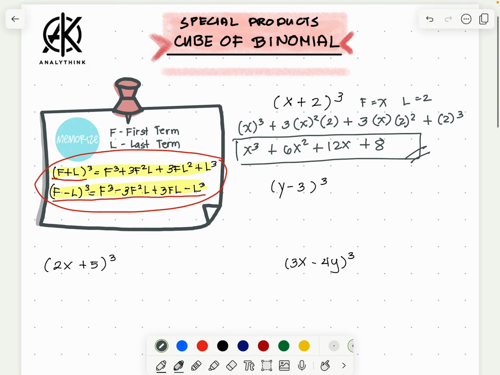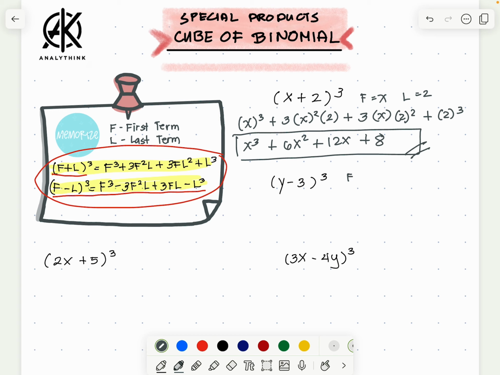Next, on the second one, your first term is y and your last term is 3. I wouldn't include the negative here because the negatives are already in the pattern. Okay, the negatives are already in the pattern. So let's just copy the coefficient or the constant. So with this, the product would be your first term cubed.